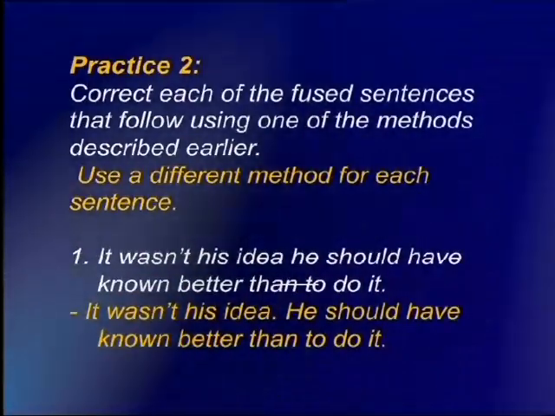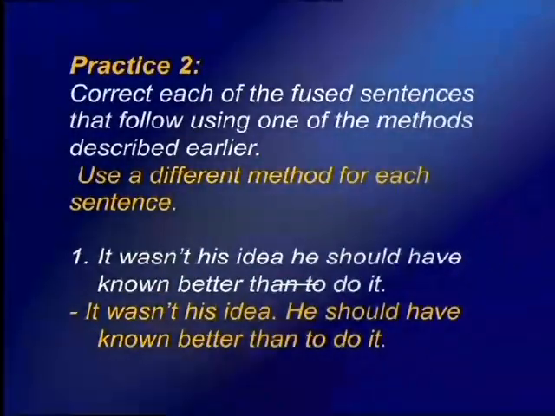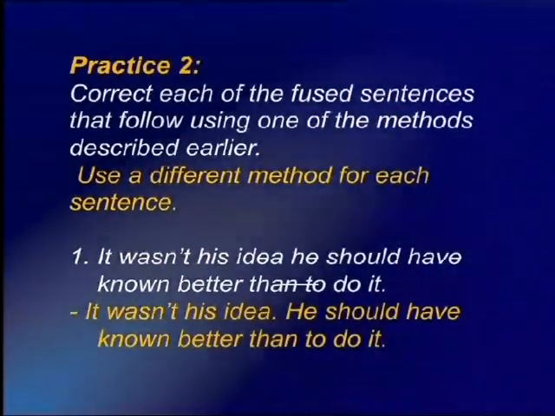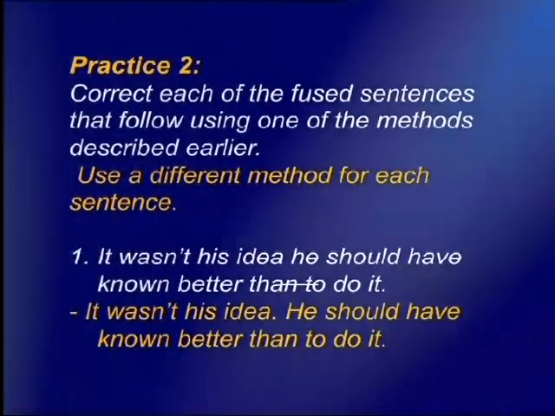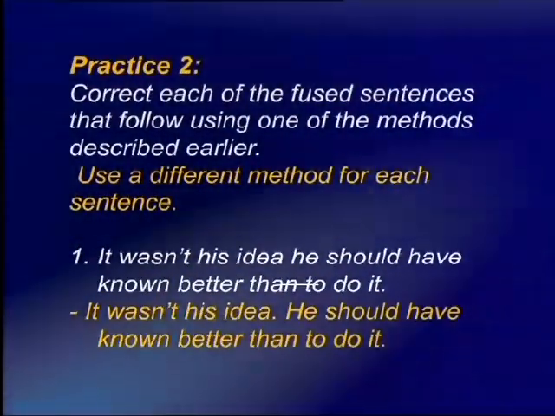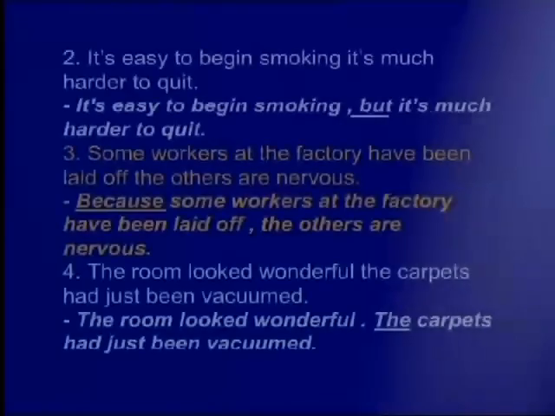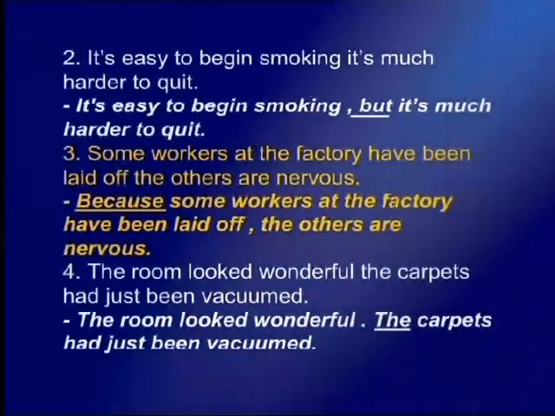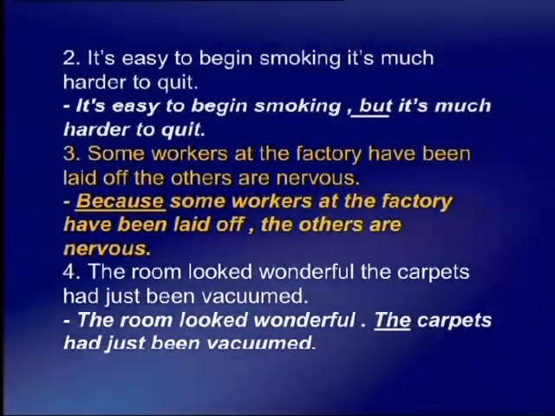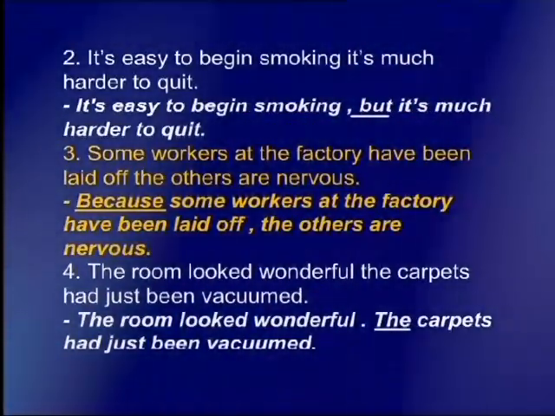It wasn't his idea, full stop. And the other part, you can begin with the word he. He should have known better than to do it. Number 2. It's easy to begin smoking, it's much harder to quit. Now notice, that's a fused sentence.